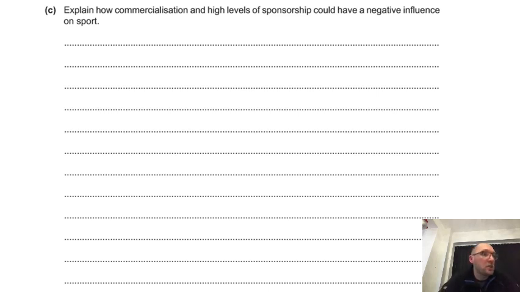So we have quite a long list on the mark scheme. 1. Athletes and teams may get sponsorship withdrawn, a loss of sponsorship if unsuccessful, if they get injured or misbehave, 2. because commerce wishes to only associate themselves with products that are winning, healthy, wholesome, socially acceptable, high status activities, and certain personalities. 3. Too few, a narrow range of sports attract sponsorship, so many sports lack sponsorship or sponsors do not want to sponsor minority sports. 4.